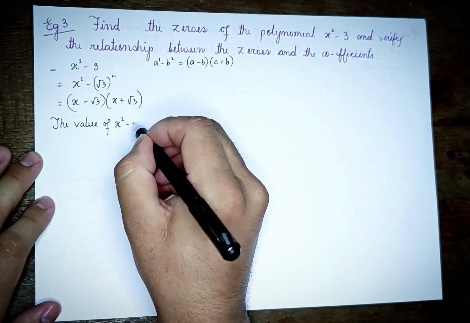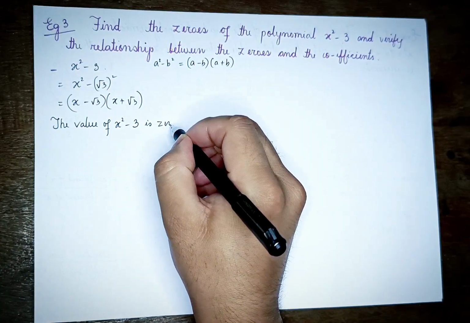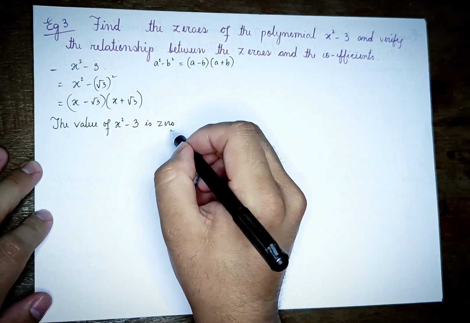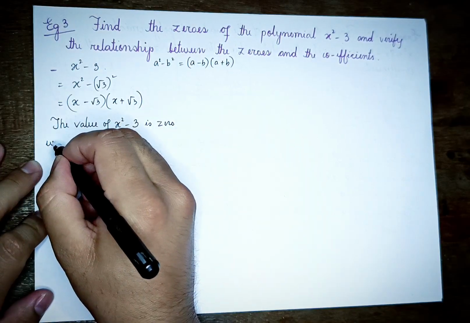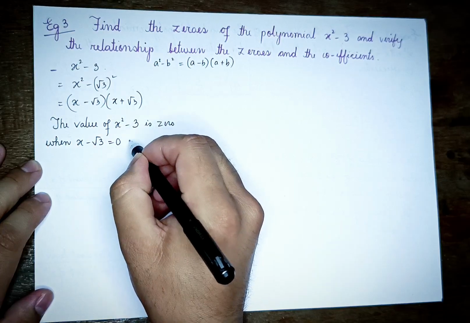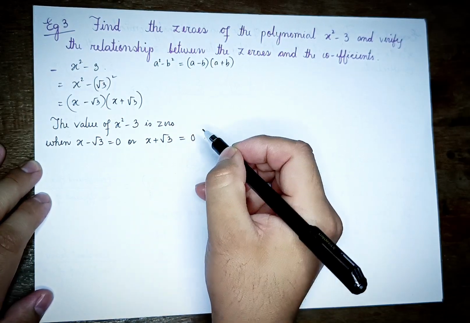The value of x square minus 3 is 0 when x minus root over 3 is equal to 0 or x plus root over 3 is equal to 0.